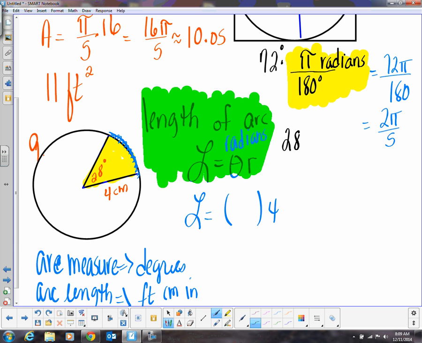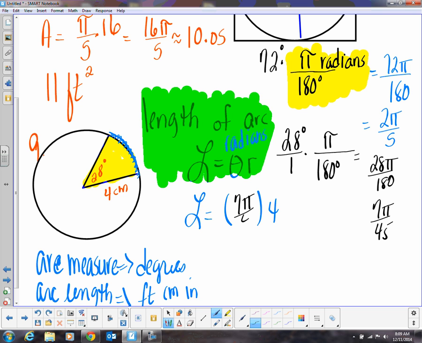So here we go, 28 degrees. What are we going to do? Multiply by pi over 180. That's going to be 28 pi over 180. 4 goes into 28 seven times, and into 180, I think, 45 times. So 7 pi over 45.